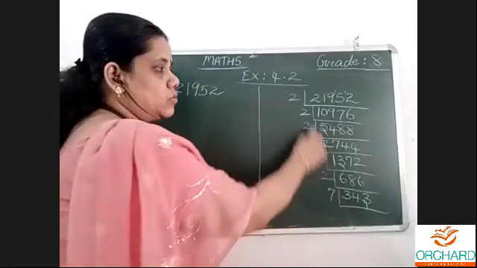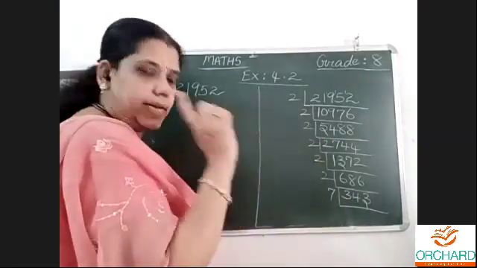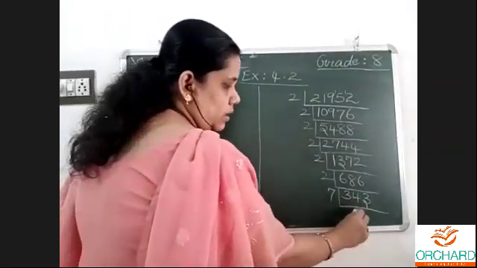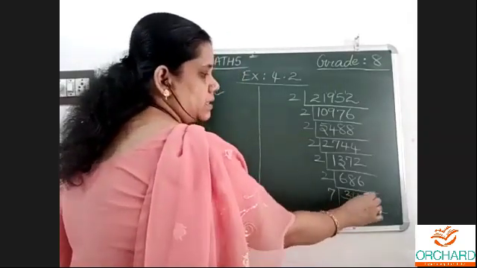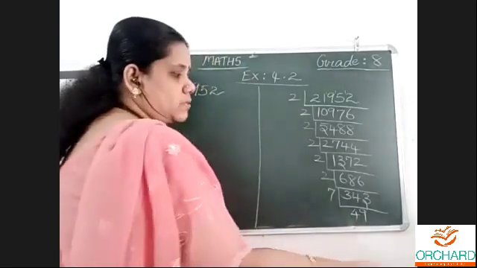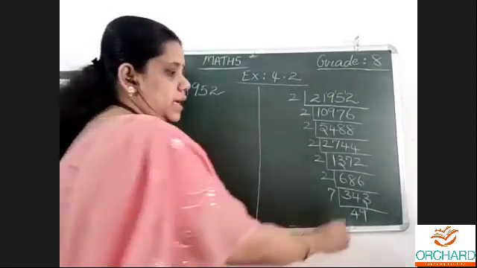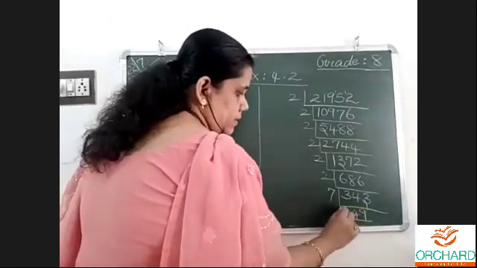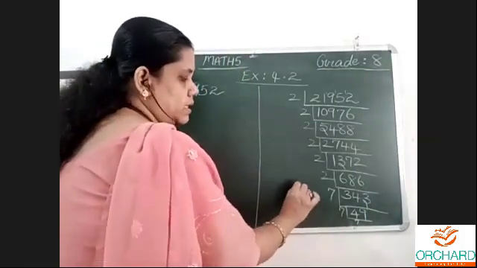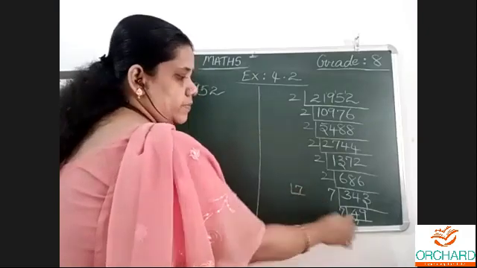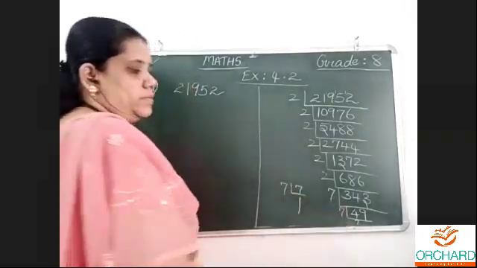We must not use 2 anymore. Even number only 2, right? 7 sevens are 49. Last question also we did this. Again 7. 7 sevens are 49. So last this 7 is there. 7 ones are 7.